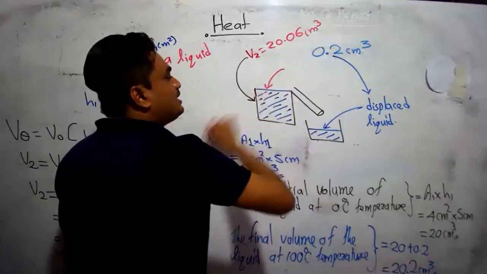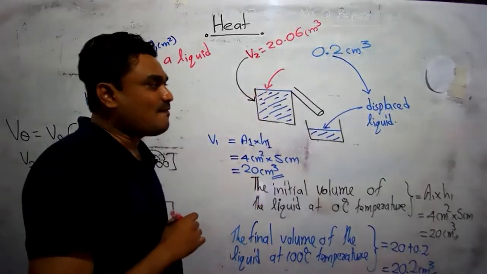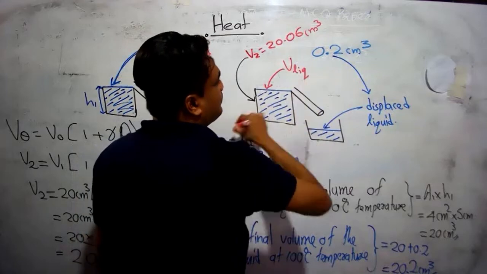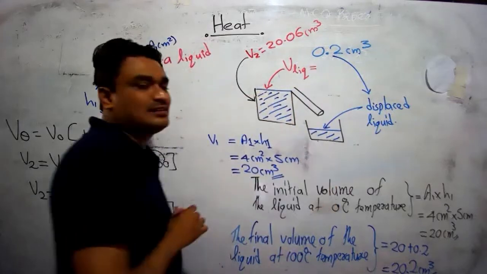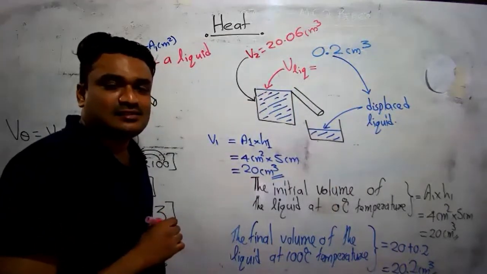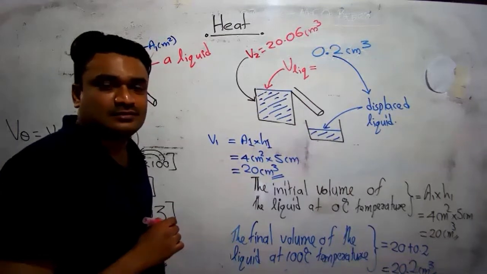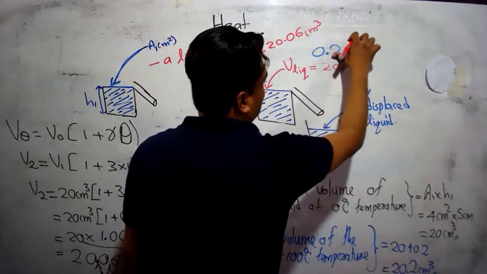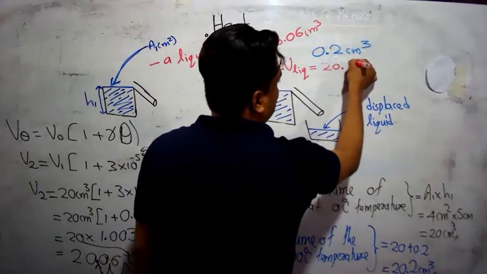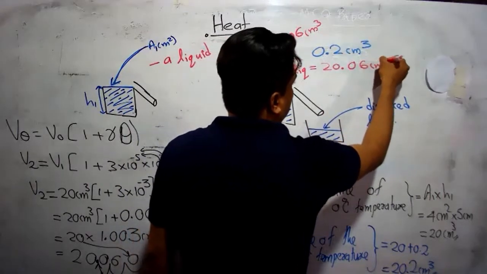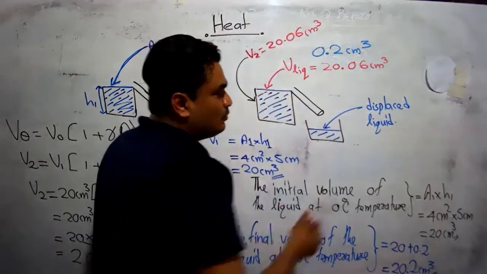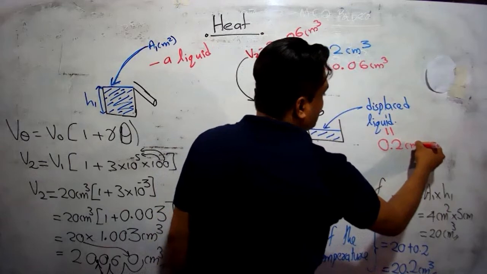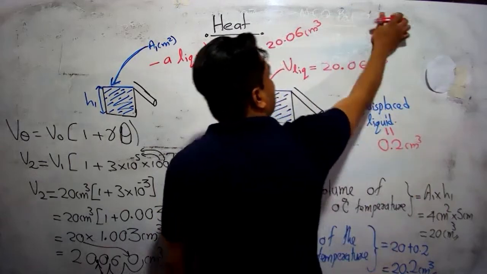Therefore, what is the volume of this liquid there? 20.06 cubic centimeter. The volume of the displaced liquid is already 0.2 cubic centimeter, it is given.